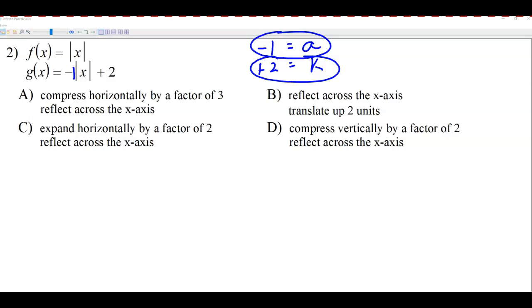All right, let's see what you guys have gotten here. Shamani, what did your group conclude about the -A there?